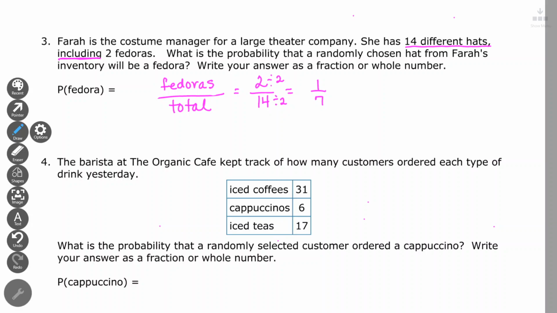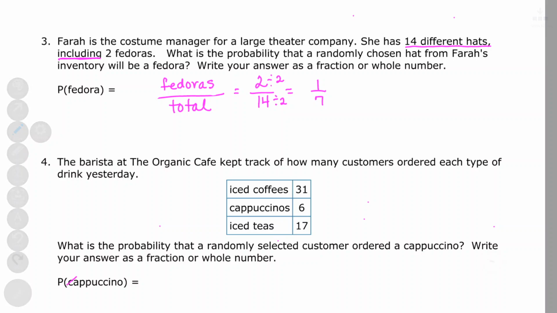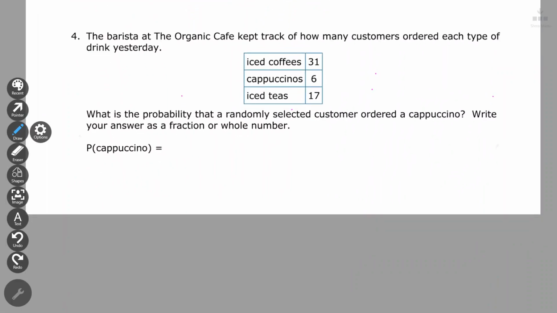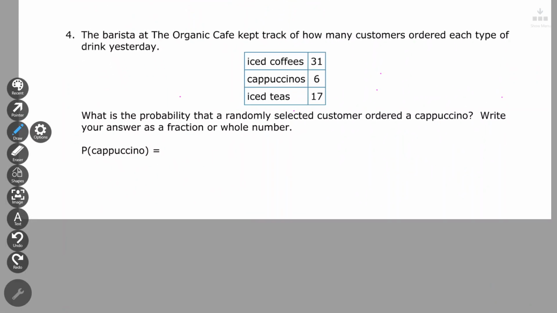Number 4, the barista at the organic cafe kept track of how many customers ordered each type of drink yesterday. Okay, so 31 ordered iced coffees, 6 ordered cappuccinos, and 17 ordered iced teas.